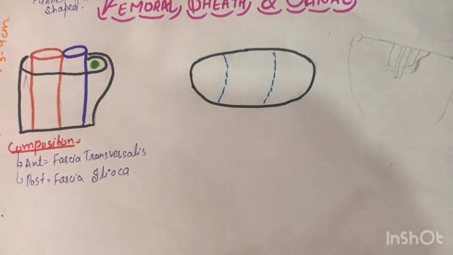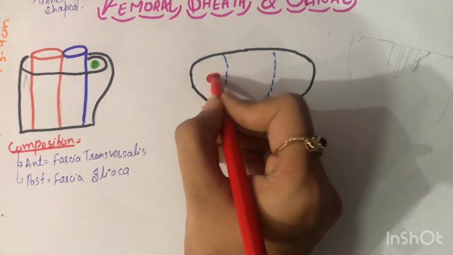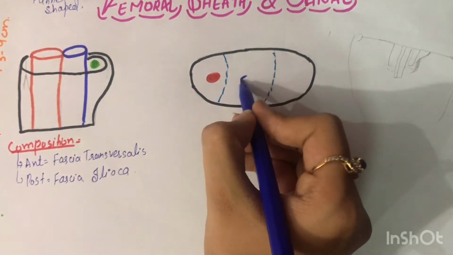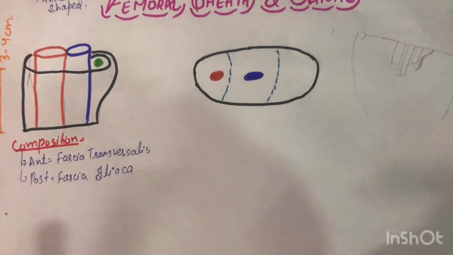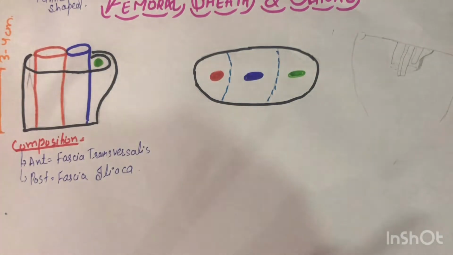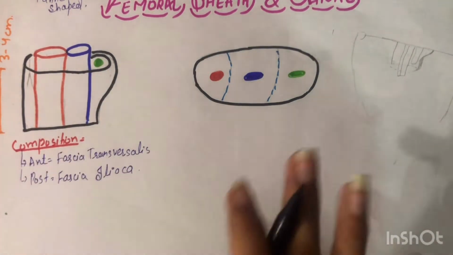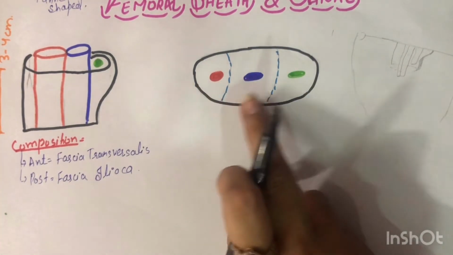In the first compartment we have our femoral artery. In the second compartment we have our femoral vein, and in the third compartment we have our lymphatics, right? Now let me name these compartments. You can easily think that this is the medial side and this one is the lateral side, right?